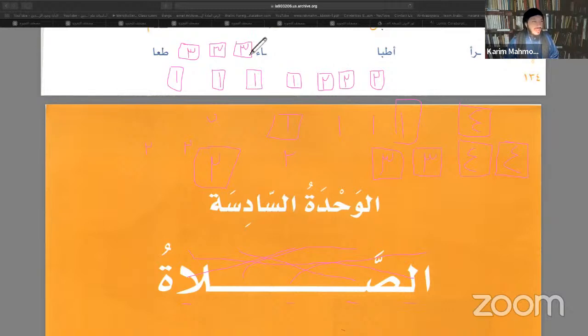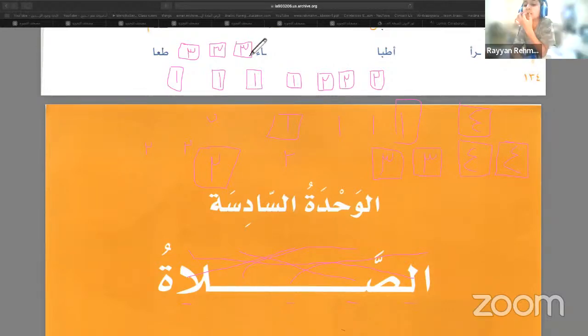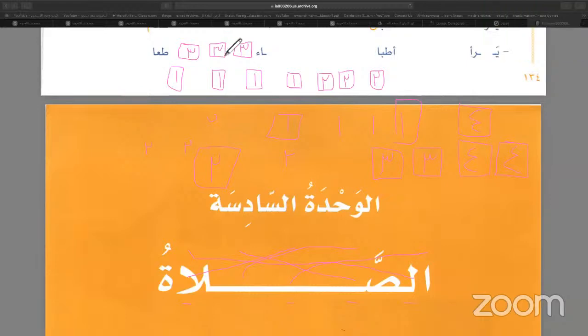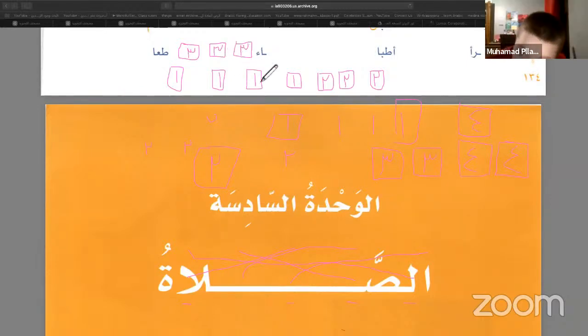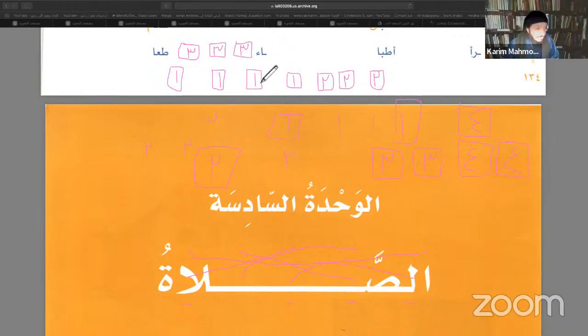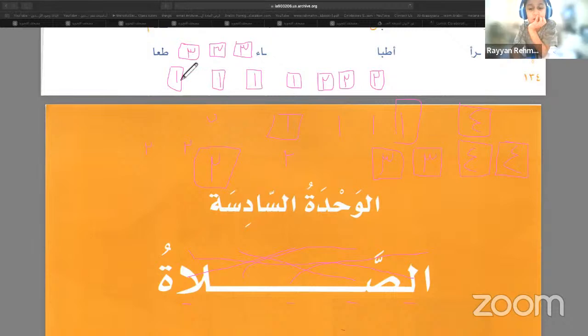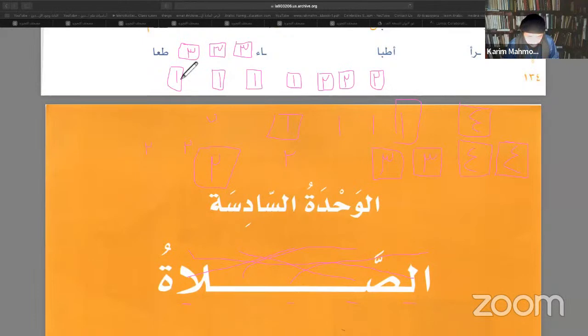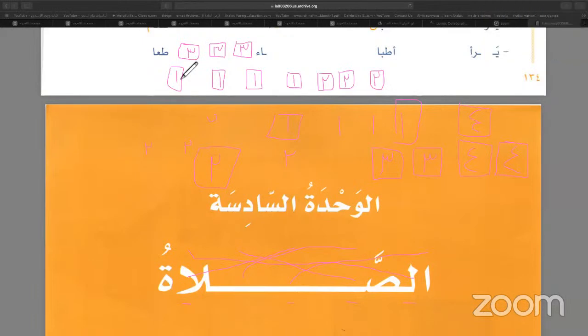Okay, this one is what? Al-Thalith. Say it. Al-Thalith means? This one here. What is this one? Good. And this one? Al-Awwal means? The first. Very good. And this one here?